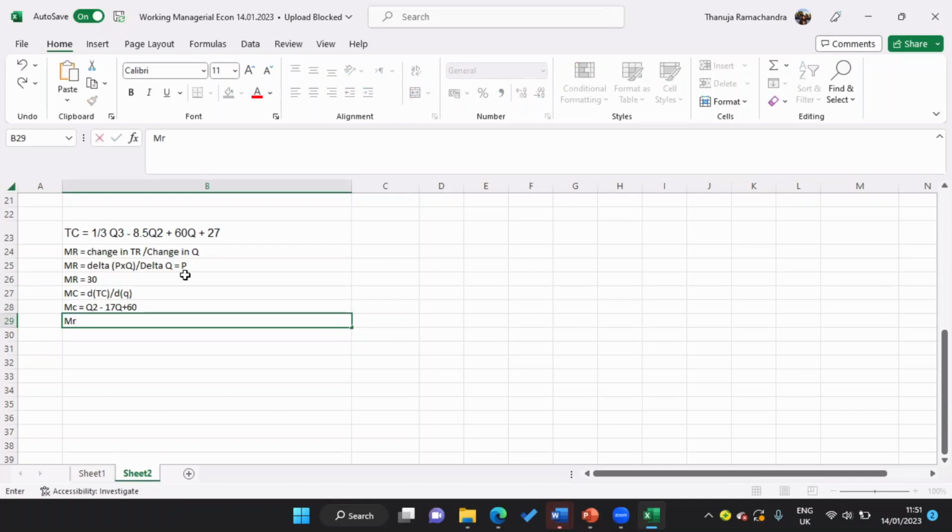So MR is equal to MC for best output. That is called the profit maximizing output.